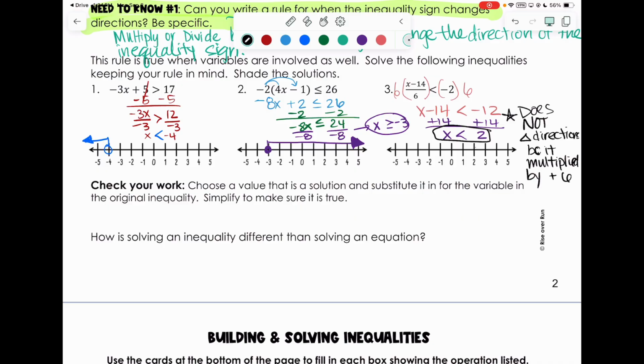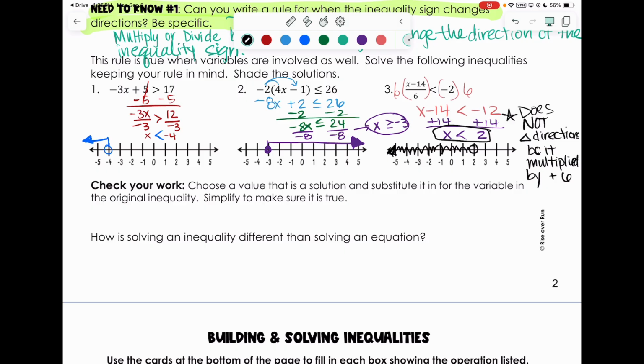So here's 2, open or closed? Open, and it's all the numbers to the right or left? Left. Okay? Are we good? Questions? Comments? Thoughts? Yes.